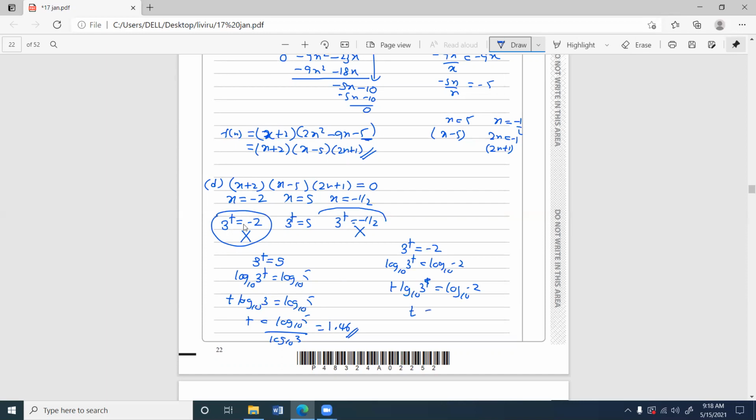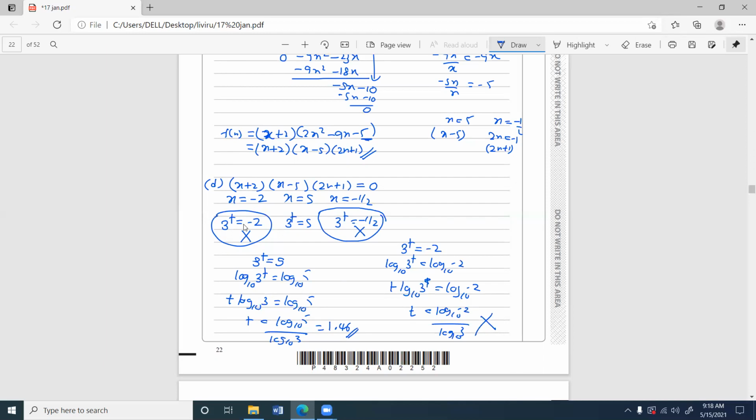So t equals log 10 of minus 2 divided by log 10 of 3. You put it into the calculator, you don't get any solution for this. But even from this step itself, you can understand that it won't exist. The other one is the same thing: you have the logarithm for fractional answers, but not for negative answers. That's a way of understanding this question.